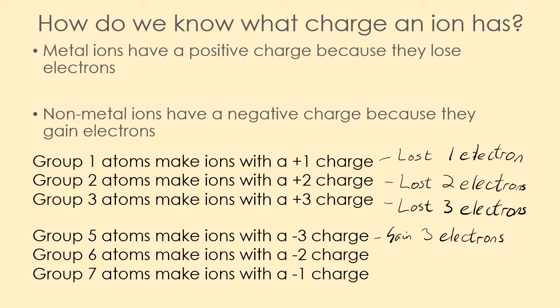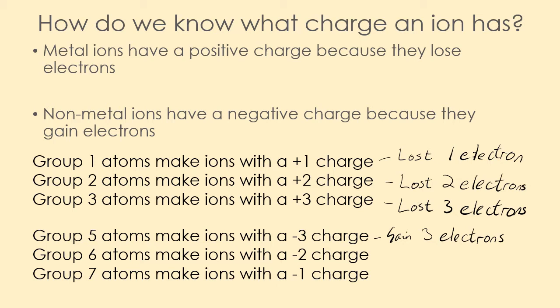The reason they've gained 3 electrons is because they want to have a full shell. If we think about the group 5 elements, they have 5 electrons in their outer shell. They want to have 8. They want to get up to that magic 8 number. So we need to gain 3 electrons to make a full shell. Because we've gained 3 electrons, we have a -3 charge.